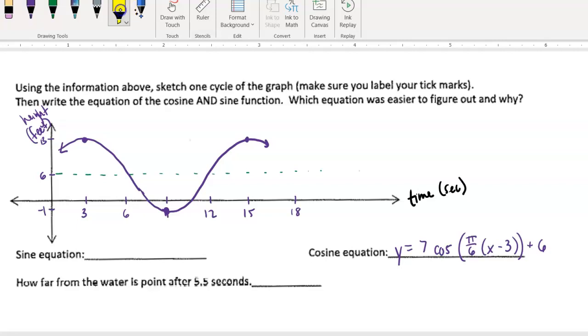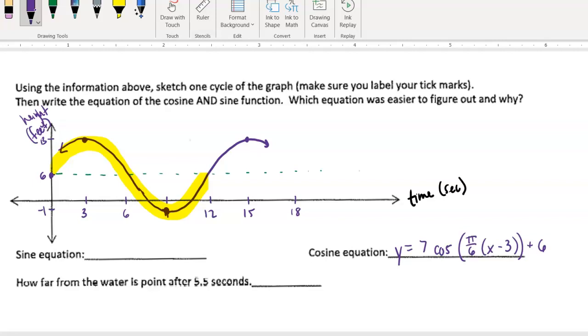Now remember, we could also do a sine function. So if we were to go backwards in time, before we started the timer, after 0 seconds, the height of the bug, we can see here, would have been 6 feet.